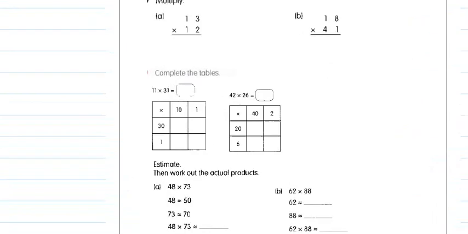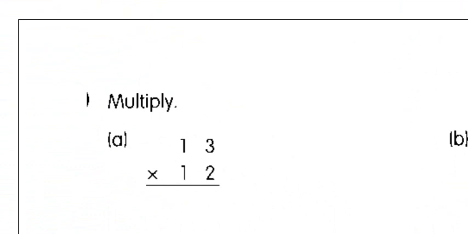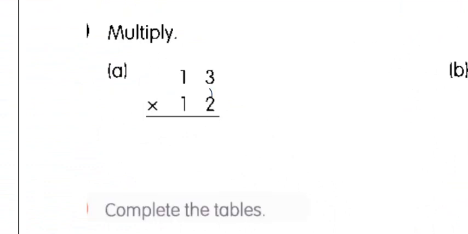Let's check how to multiply 2 digit by 2 digit using column method. 2 multiplied by 3 gives you 6. 2 multiplied by 1 gives you 2. After you have finished multiplying by 2, you have to multiply by 10, because this is a 12. Instead of multiplying by 10, put 0 and multiply by 1.